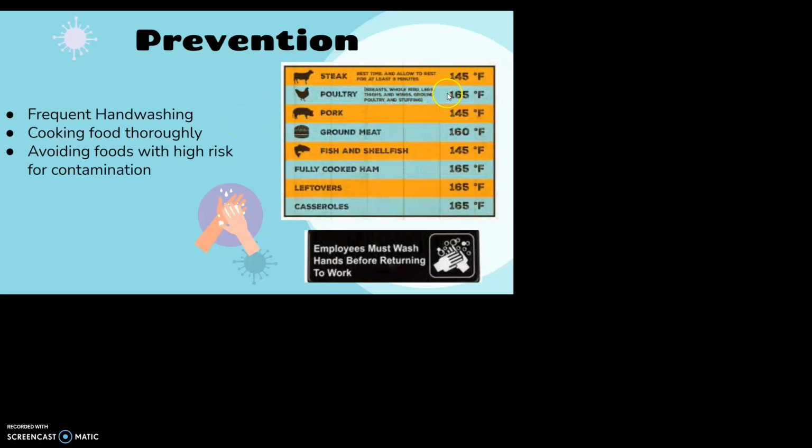Poultry, for example, has to be 165, while steak only has to be 145. With steak, we can actually get away with leaving it a little bit pink, medium rare or rare, while with poultry, as we all know, no pink at all whatsoever. As well as avoiding foods with a high risk for contamination, or if not, just being more responsible about where we get our food from, making sure that we get it from a trustworthy source.